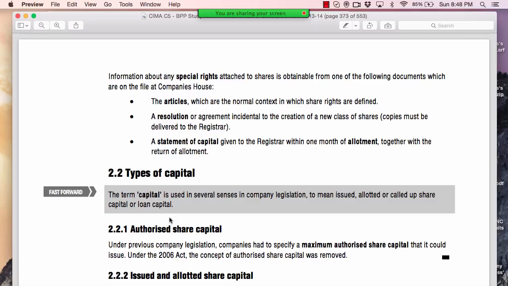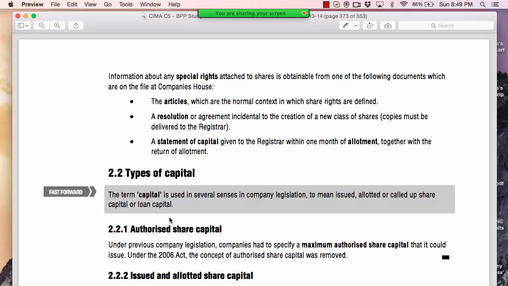A resolution or agreement incidental to the creation of a new class of shares should be there. So you may have different classes of shares, and a statement of capital also needs to be documented. So all it's saying is a company has issued different types of shares, which attract different rights and obligations. All that should be documented and kept in the register where it is visible and accessible to anyone.